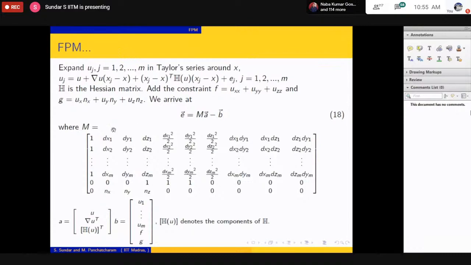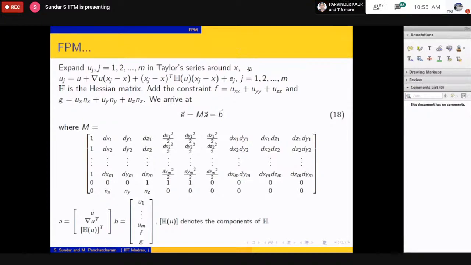So when I do it, you have a more number of particles, U1, U2, but you have less number of unknowns. Unknowns are Ux, Uy, Uz, Uxx, Uyy, Uzz, Uxy, Uyz, and Uxz. So this has to be solved only through the least square approach.